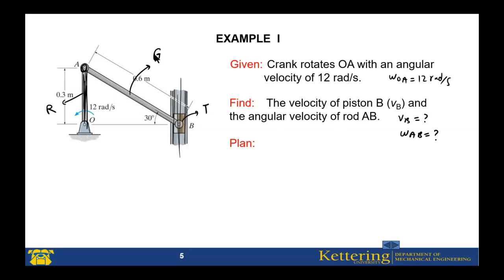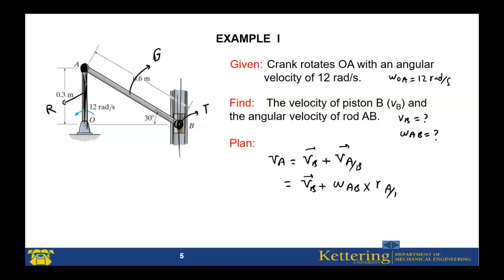Now, for a rigid body that has a general plane motion, we will use this equation between these 2 points, A and B: velocity of A equals velocity of B plus velocity of A with respect to B, or velocity of B plus omega AB cross product of r A with respect to B. We will write this equation between A and B, for the general rigid body.